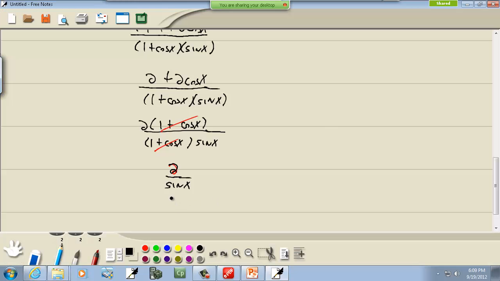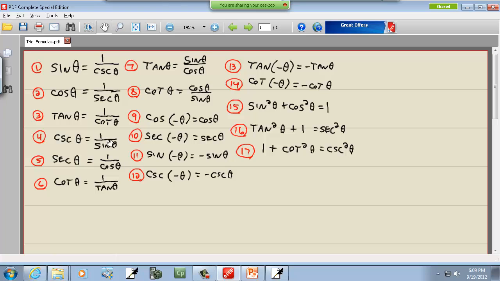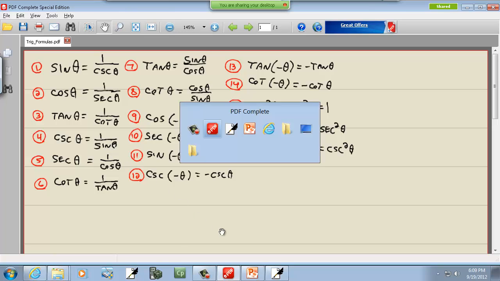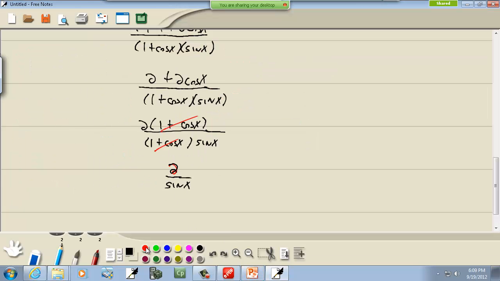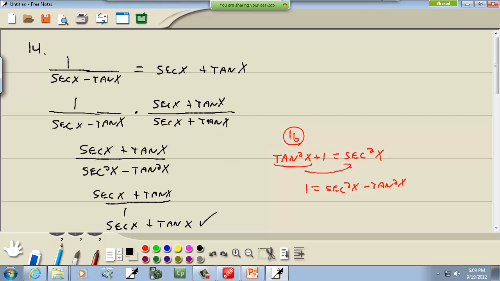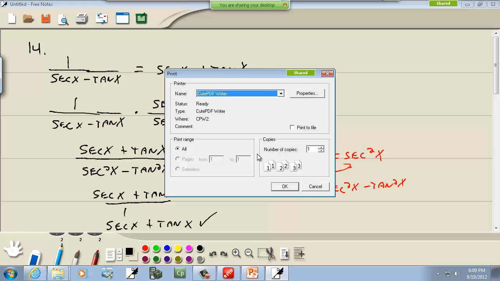Okay, then 1 over sine from number 4 is cosecant. So then this becomes 2 cosecant x, which is our right side. Long problem. Let me save that.